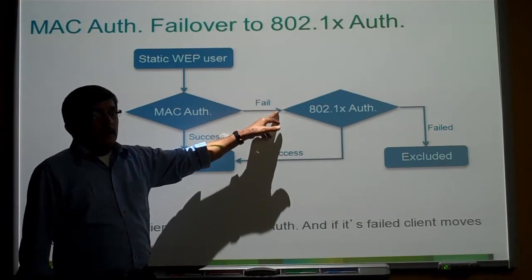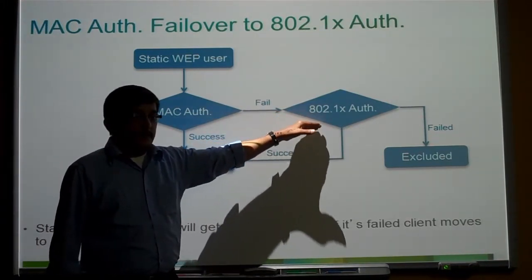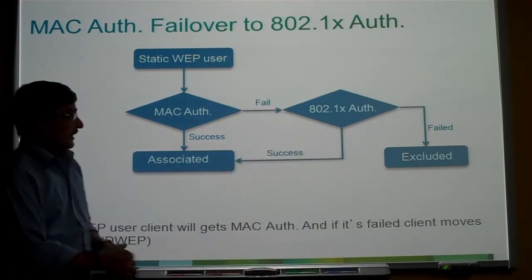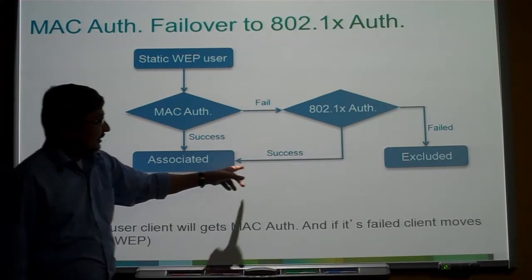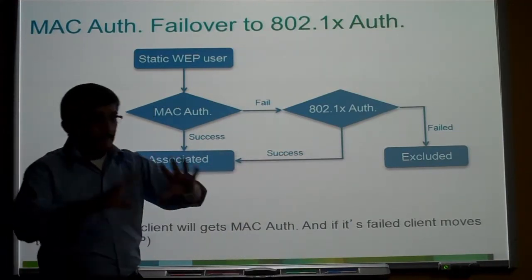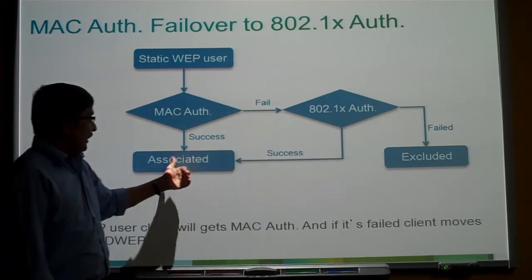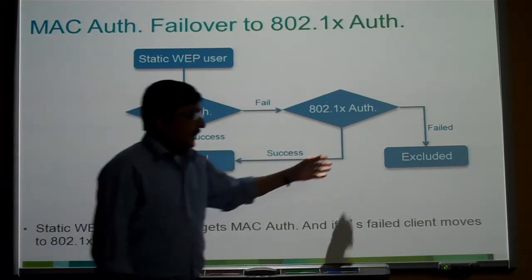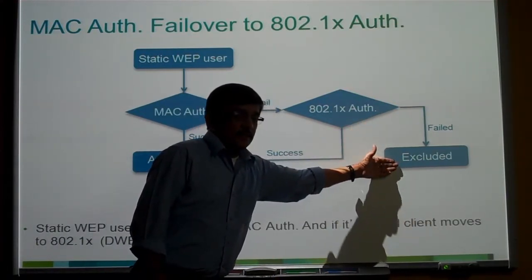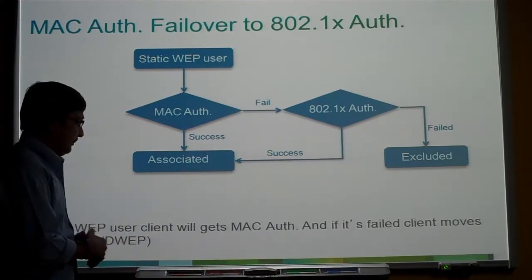Now the WLC will automatically put him into the .1x auth state. Then all the AAA mechanism happens. Once that is successful, it will make the client associated. If that fails, then the client is put into the exclusion list if the feature is enabled.